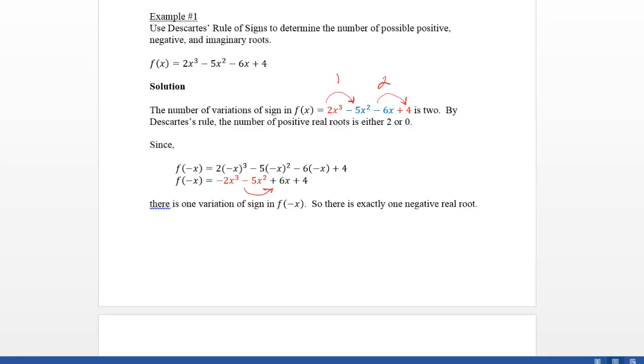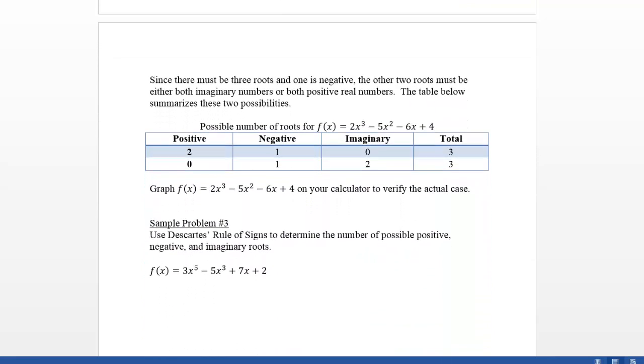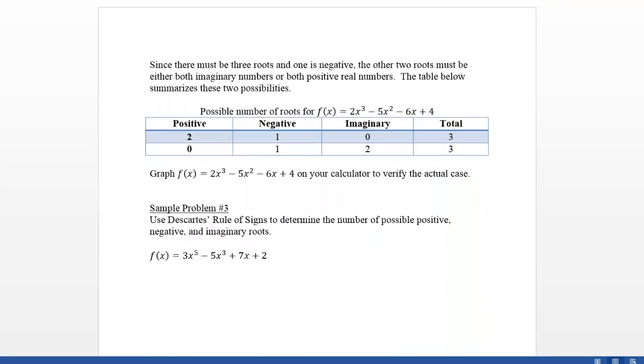So let's take a look at how this would play out in a table or a chart. This makes this so much easier. If we have 2 positive real roots, and we know we have exactly 1 negative real root, then we have 3 total possible roots, so we would have 0 imaginary. So that's one possible scenario.